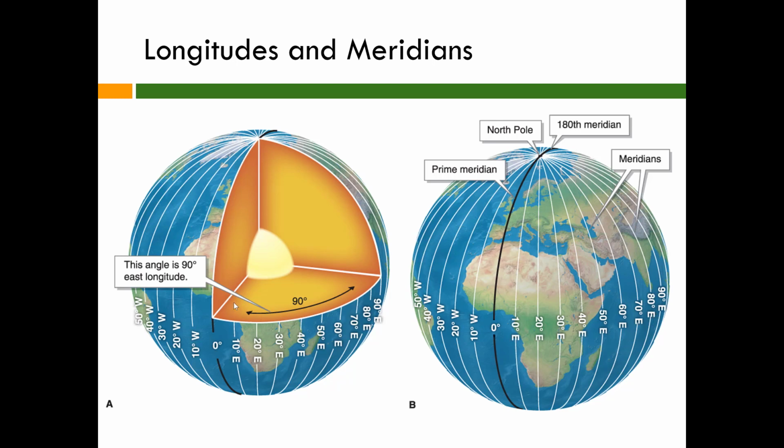Okay? And how do you measure this degree? Very simple. From this line, from the prime meridian, this 0, to your meridian, what's the angle in between? Okay, again, we use angles.